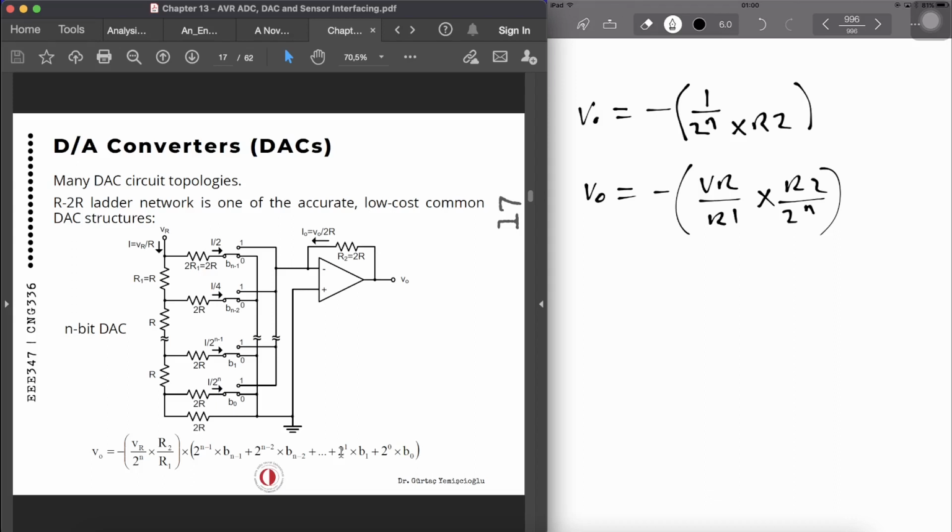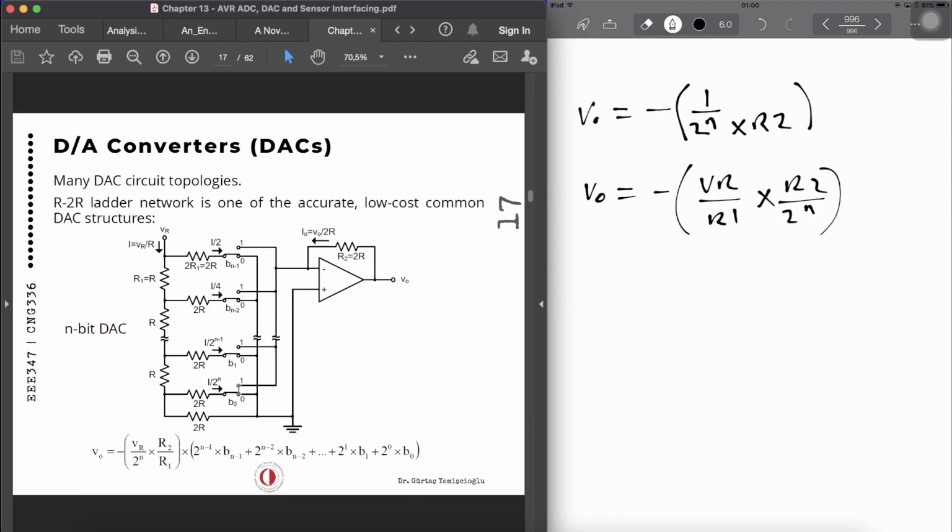This is one way of implementing it, but it could be some other relationships as well. But this is an important relationship, and that's going to give us our conversion in terms of one step at a time. Now, as you see over here, the least significant bit causes the smallest change. Therefore, it sets our resolution, like we have said before.